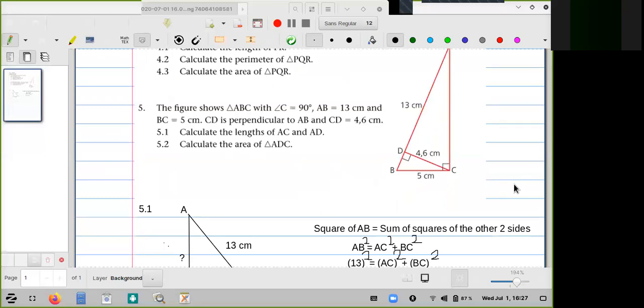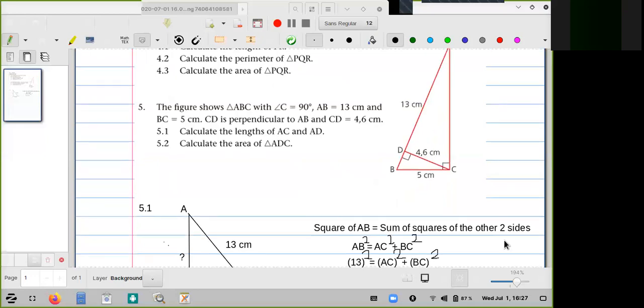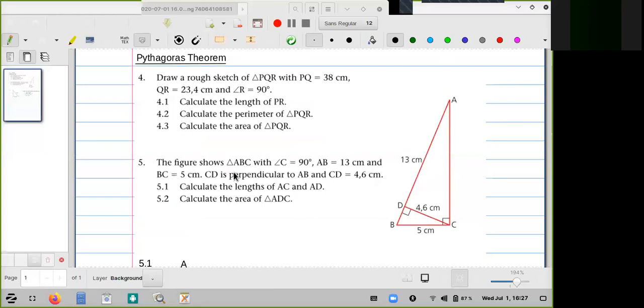Now, here we are shown that we are dealing with a triangle ABC with angle at C, this is the symbol for angle. It's 90 degrees, which means right angle. It's perpendicular. Then AB is equal to 13 centimeters and BC is equal to 5 centimeters.